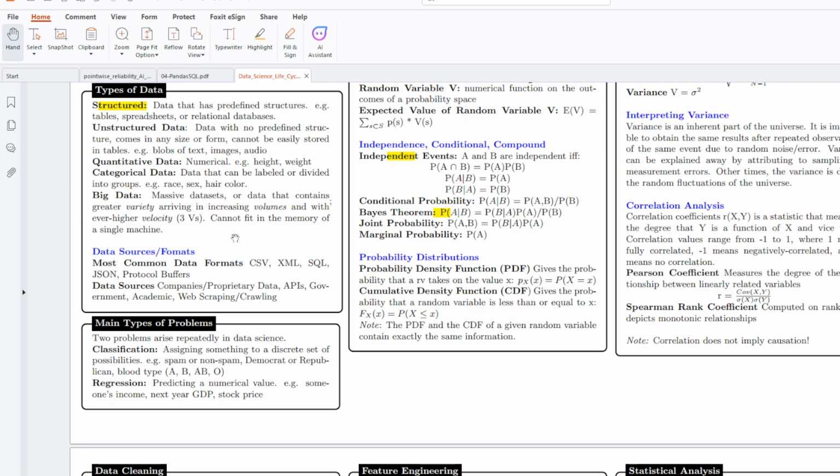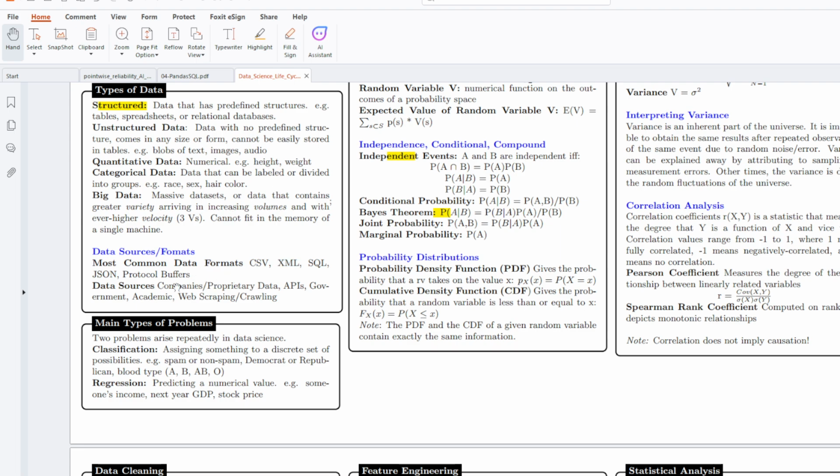A good example of semi-structured data is XML files. Web files are also an example of semi-structured data. Those data are not completely without structure, but yet they are not completely structured. So they are in between structured and unstructured.